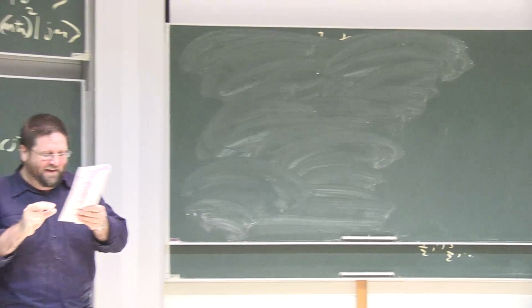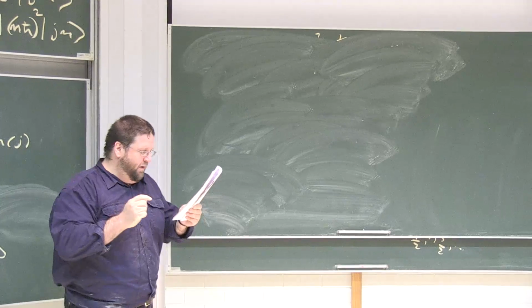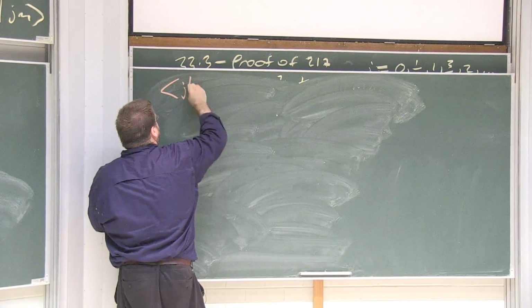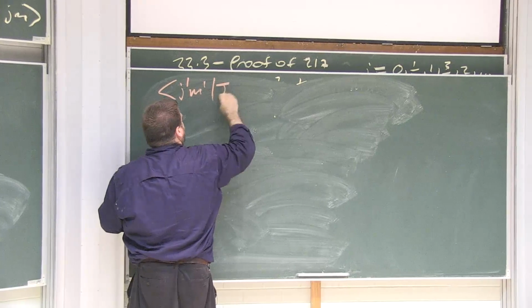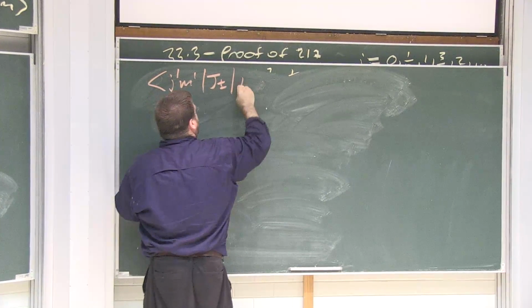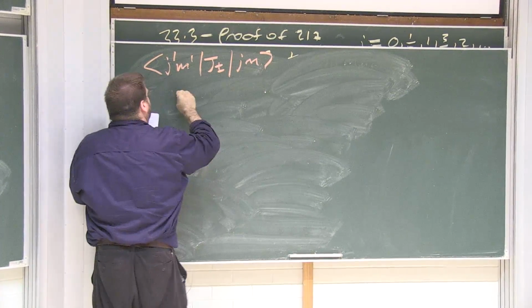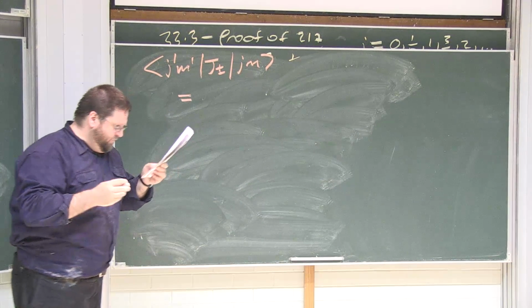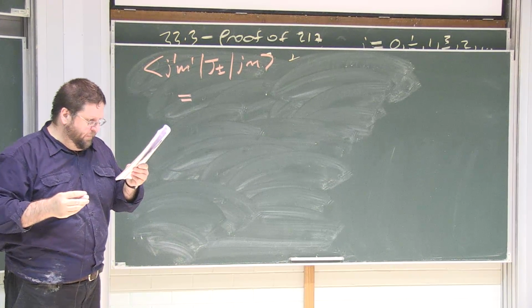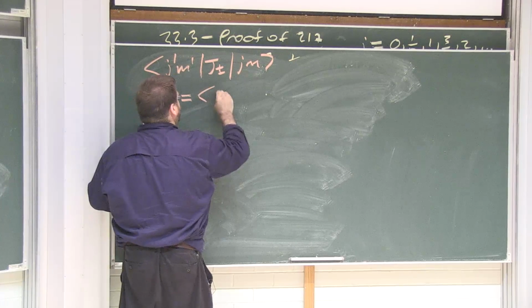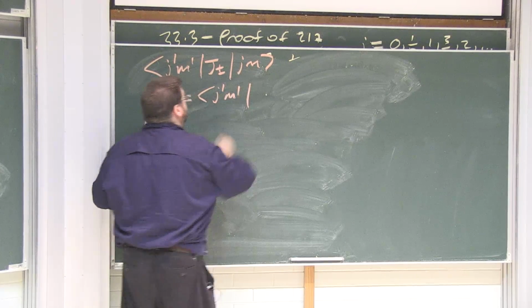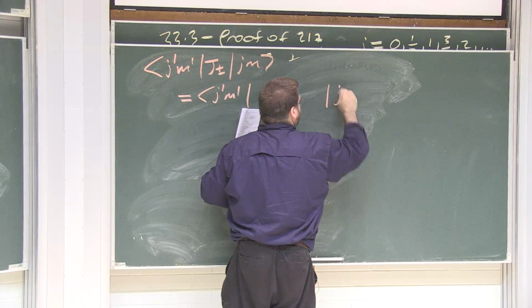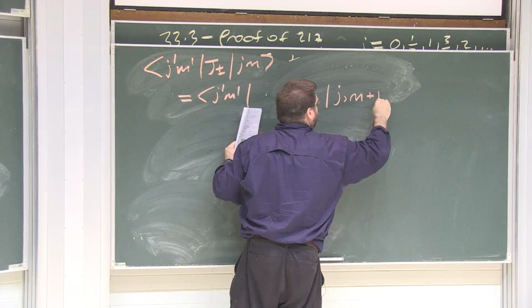Okay, we want the matrix elements of j plus or minus. Now we know that when j plus acts on jm, it raises m by 1.